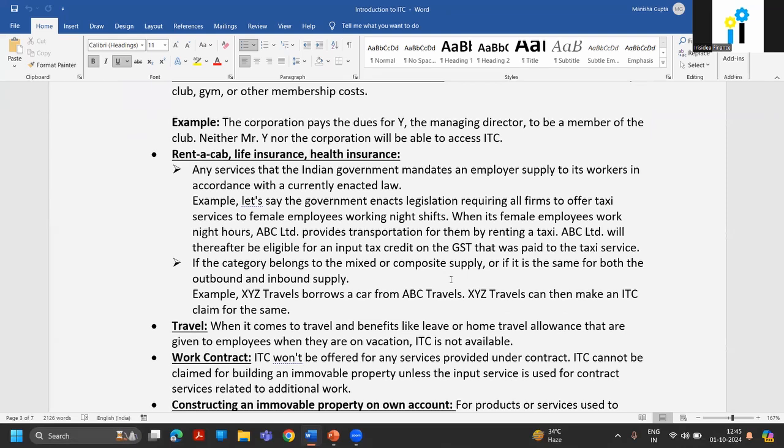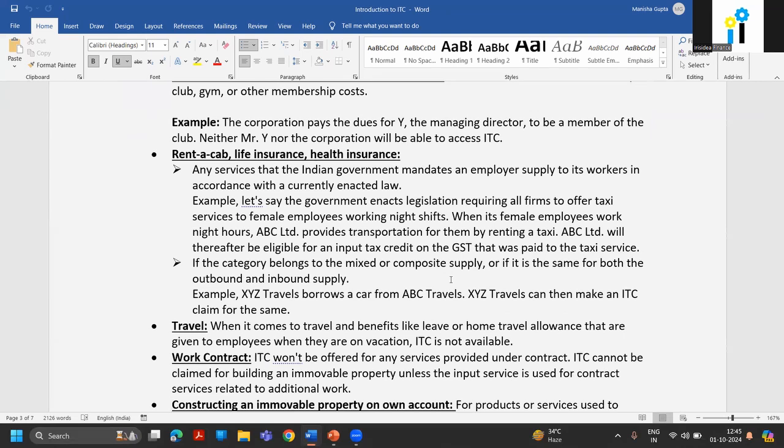Any service that the Indian government mandates an employer to supply to its workers in accordance with the currently enacted law. For example, let's say the government requires all firms to offer a taxi service for female employees working the night shift.